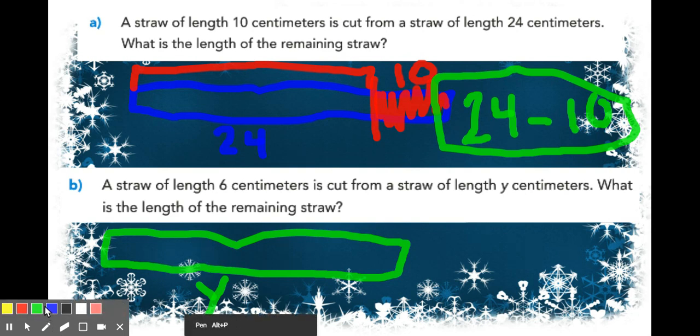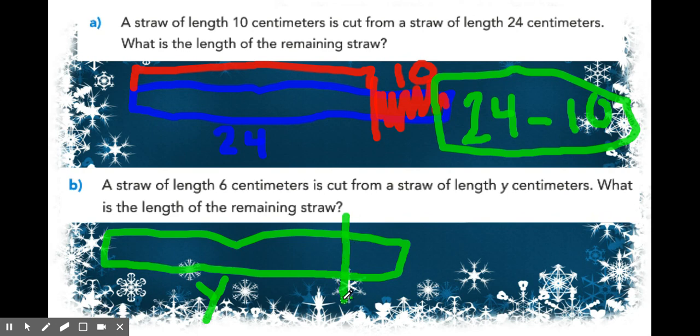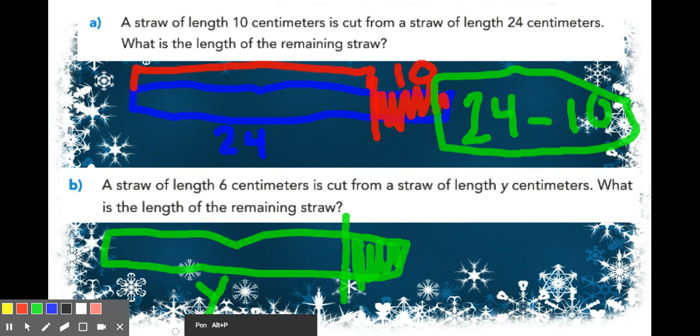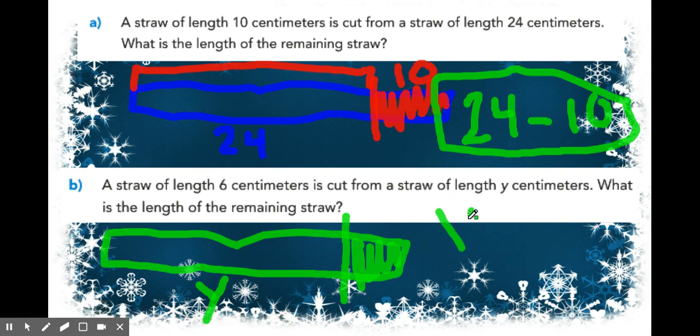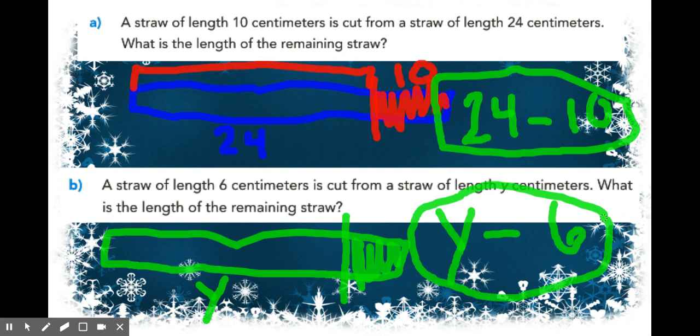And I know that 6 centimeters was cut from that. So we cut 6 of it. What expression would show me what's left? Well, I would have to take my original, which is y, and I would have to subtract the 6 centimeters. That would give me the remaining length of the straw.